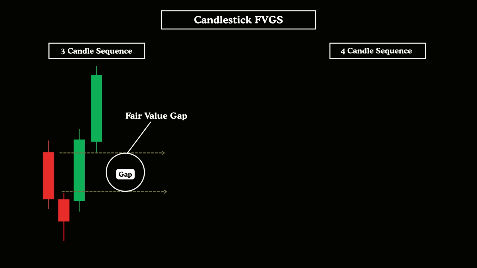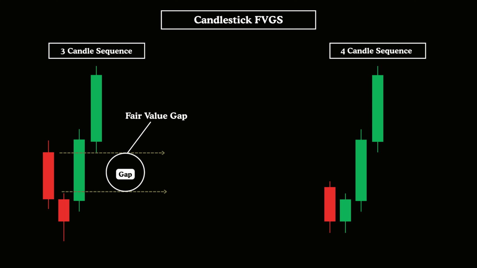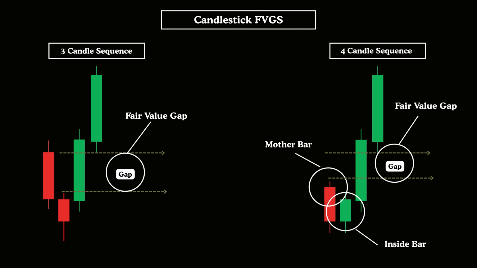However, there is a notable exception. In certain instances, a 4-candle sequence must be considered to correctly identify a valid fair value gap. This is necessary when the first candle in the 3-candle setup is an inside bar, meaning it forms entirely within the range of the previous larger, mother, candle. In such scenarios, if we ignore the mother candle while plotting the fair value gap, the resulting zone won't be precise or valid.